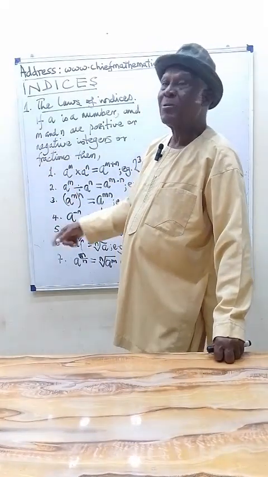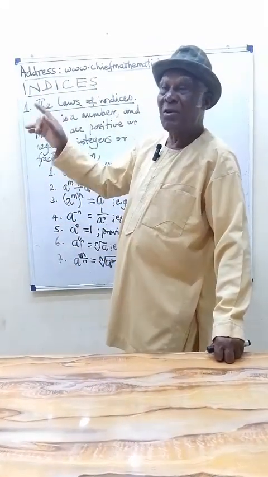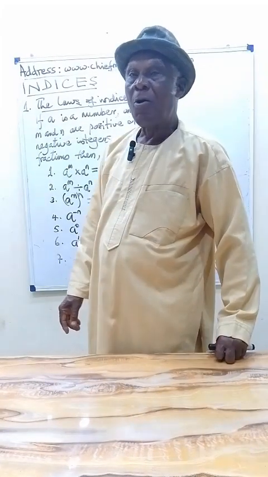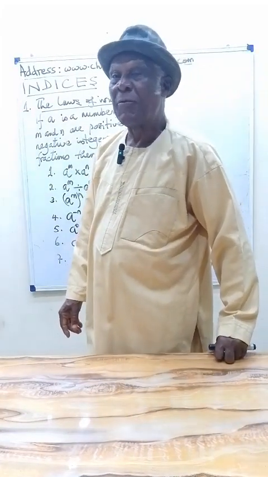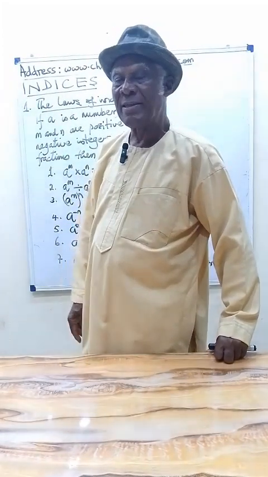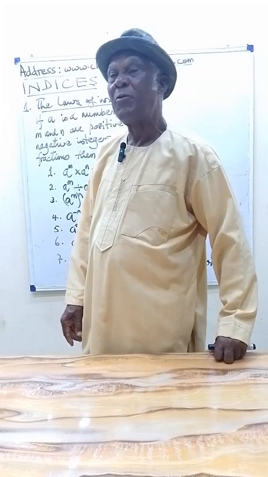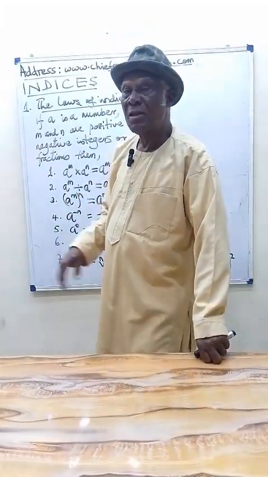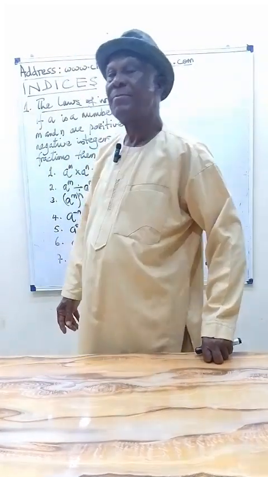any number outside 0 raised to the power 0 is equal to 1. Which means that if you raise 1 million to power 0, it is equal to 1. If you raise 1 billion to power 0, it is equal to 1.